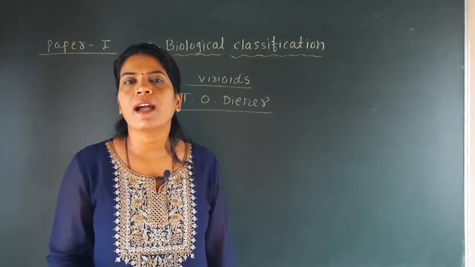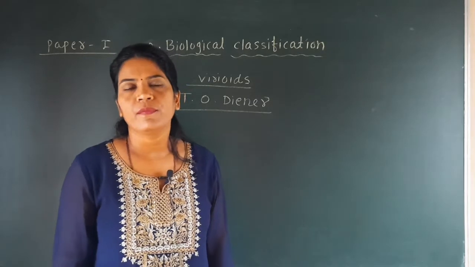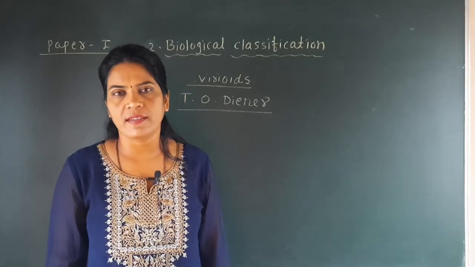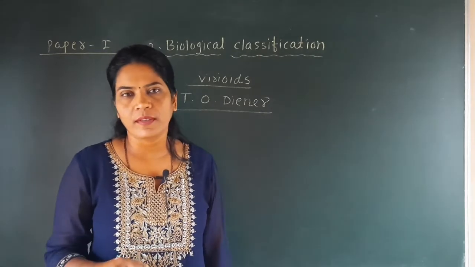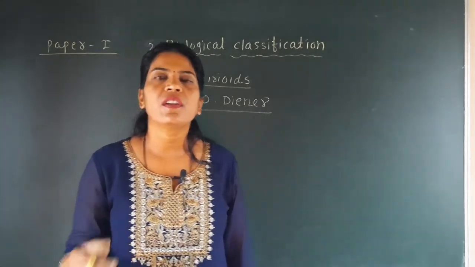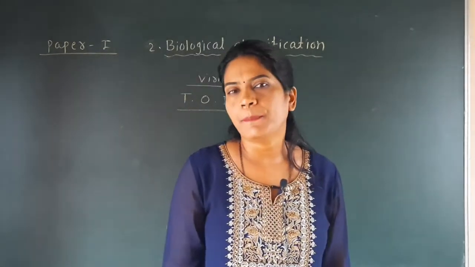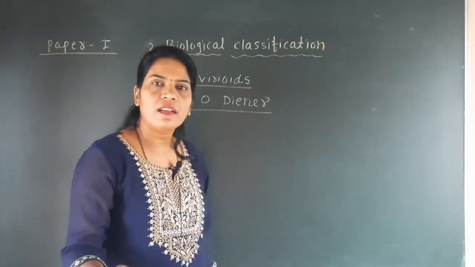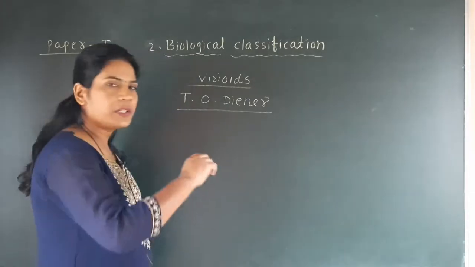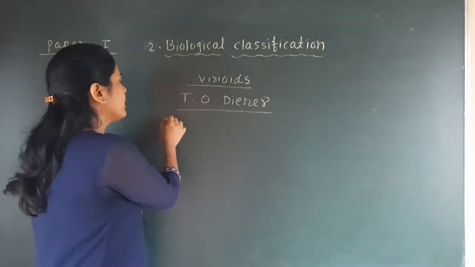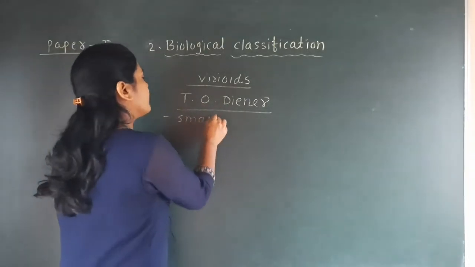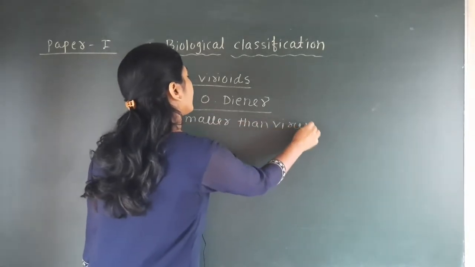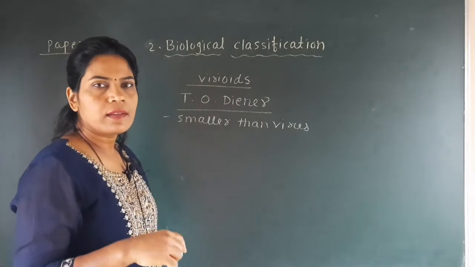These viroids are smaller than the viruses. Okay. This is a very important thing. Then they are generally found in plants. Okay, and see here in NCERT it is given that they were first discovered by Diener. Second point is that they are smaller than the virus.